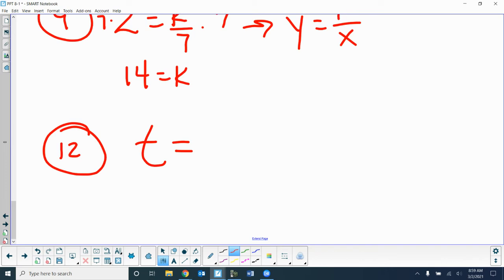All right? So, d, so a certain distance, d has an average speed of r, so k times t, right?